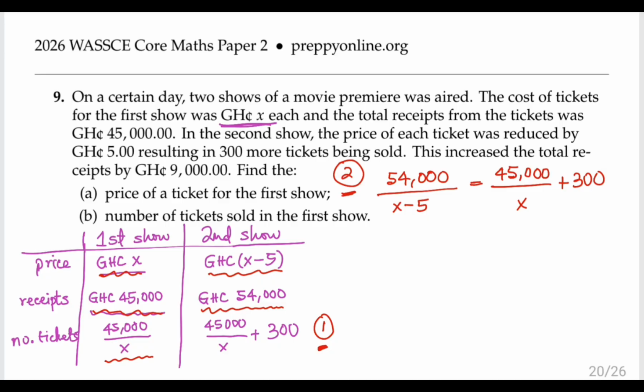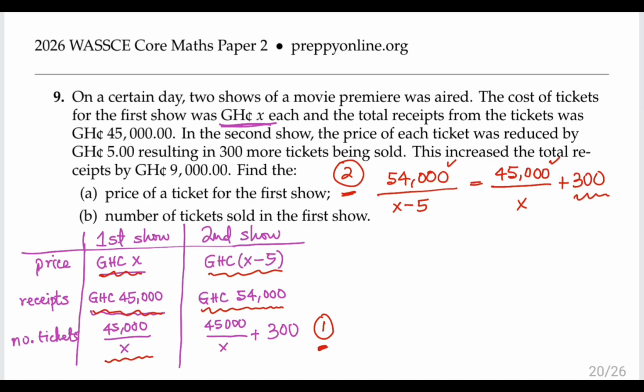So what do we do? Well, there are a number of ways of thinking about this. One of them is we can divide both sides by 300 to simplify. 45,000 is a multiple of 300, and 54,000 is also a multiple of 300. We don't want to deal with huge figures, so we just divide everything by 300.